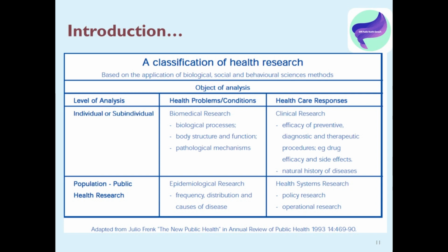Biomedical research mainly focuses on studying biological processes, body structure, function, and pathological mechanisms at individual or sub-individual level. Whereas epidemiological research studies the frequency, distribution, and cause of disease and its application in the prevention and control of disease.